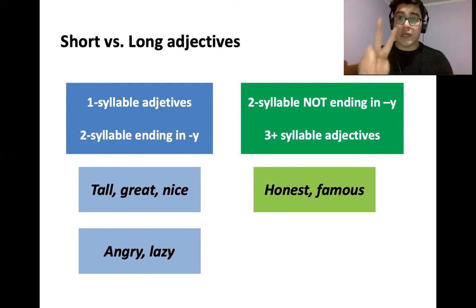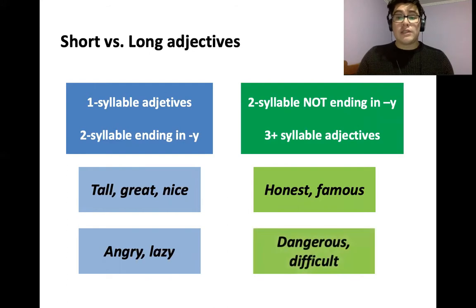They have two syllables and do not finish in Y. Some examples of adjectives that have three syllables can be dangerous or difficult. They have three syllables, or they can have more syllables. So those are long adjectives.